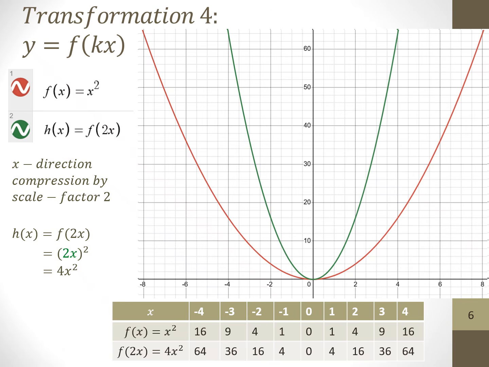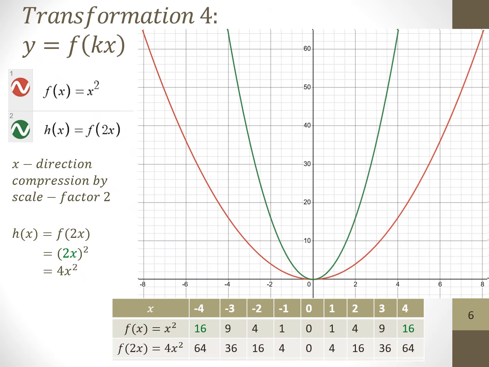So if we look at a couple of pairs of points, where we had the points (4, 16) and (-4, 16), these are going to be compressed in, so the x values go from 4 and -4 to 2 and -2, the same y value at 16.